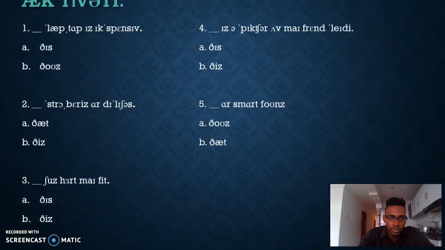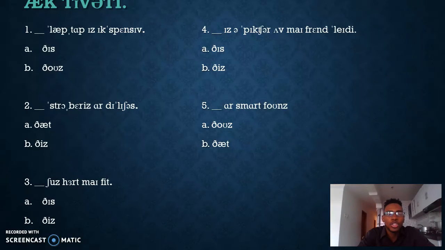Next one. Here I have a short activity. In this activity, you are going to show what is the correct word we have to use for the sentence. In the first one we have: "laptop is expensive." What do you think is the correct one, this or those?